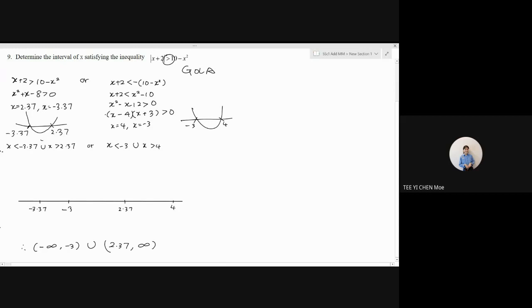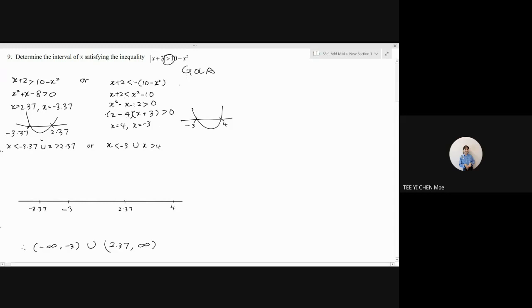And solving this quadratic inequality, I use calculator to solve because I couldn't solve it using the brackets factorization. So I got the values as x is 2.37 and x is negative 3.37. So I draw a graph of a smiley face since the coefficient for x squared is positive.